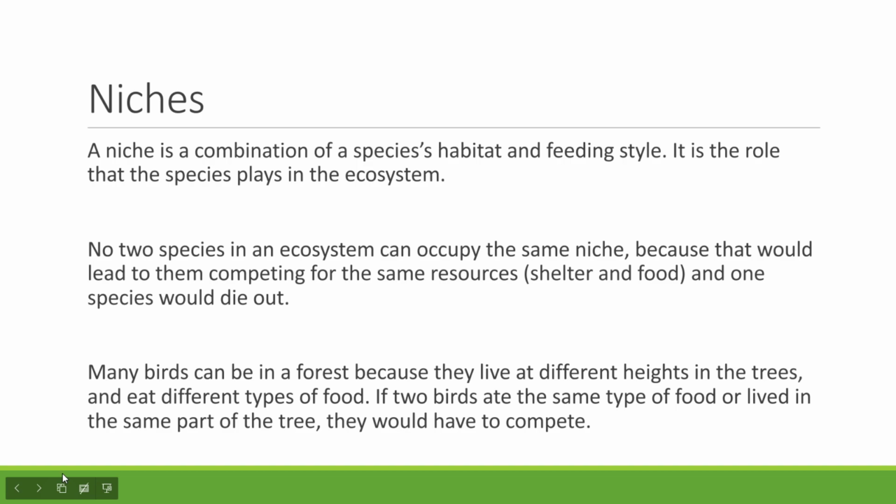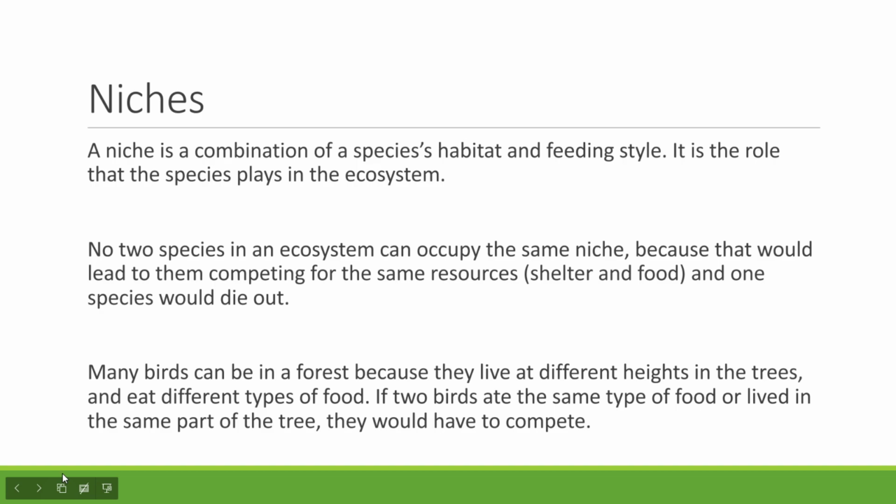So before, when I was talking about competition over resources, I was talking about pigeons and sparrows and how they're going to both go for the same crumbs on the street, the same worms, the same seeds, the same breadcrumbs. Those are going to be two animals that are trying to occupy the same niche. They're both having the same habitat, they both have the same feeding style.